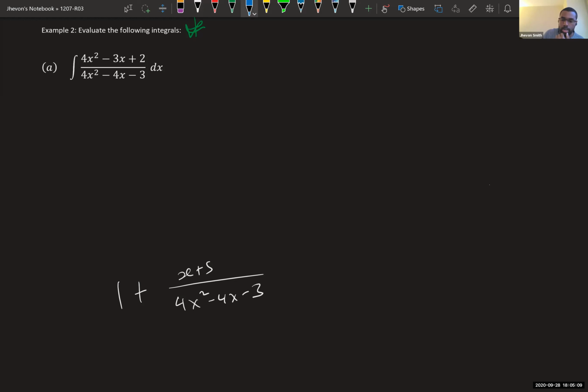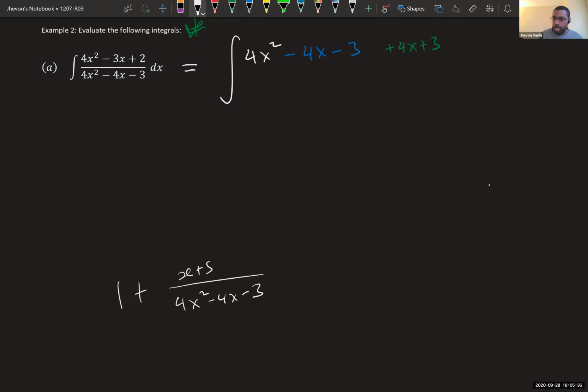How you would do it here, though, just for interest's sake, the trick is, like last time, try to get the denominator in the numerator. So for example, the denominator says 4x squared minus 4x minus 3. So what I would do is I would put in that minus 4x minus 3. But then, of course, I have to subtract that. I have to add back the 4x, add the 3, right?